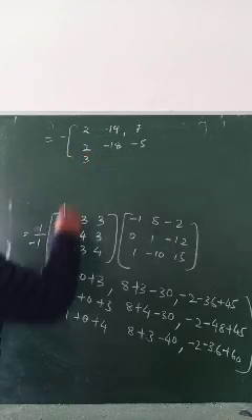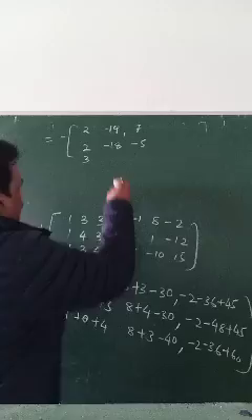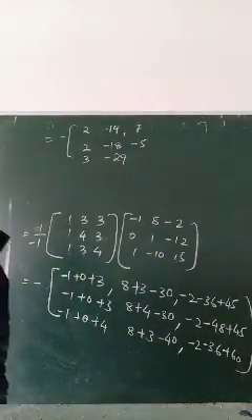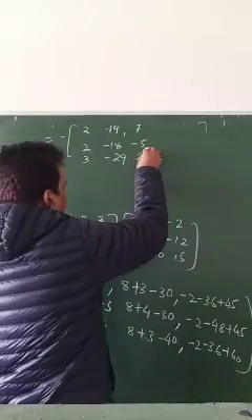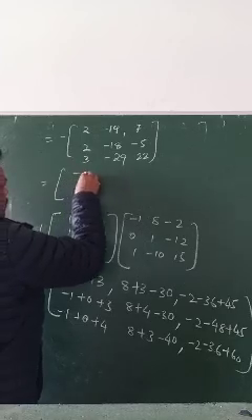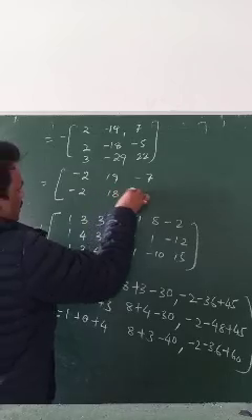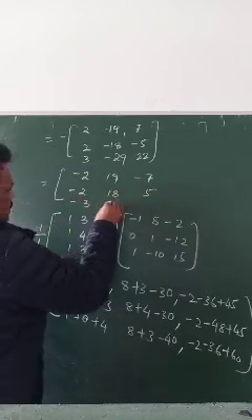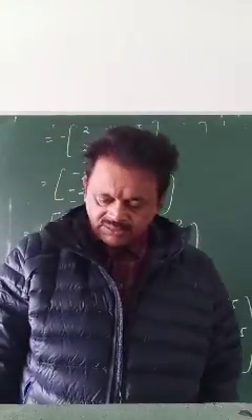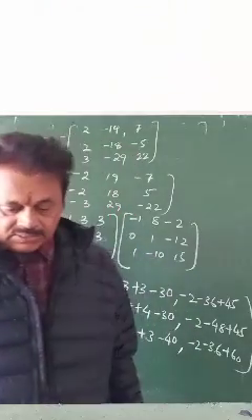Then 3. Then 11 here, minus 29. Then 60 minus 38, 22. Minus is here. So the result is minus 2, 19, minus 7, minus 2, 18, 5, minus 3, 29, minus 20. There might be some mistake somewhere because you have to check the calculation. For the method I have shown you, you can expect one question like this.